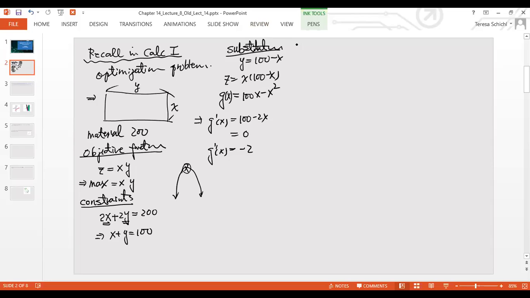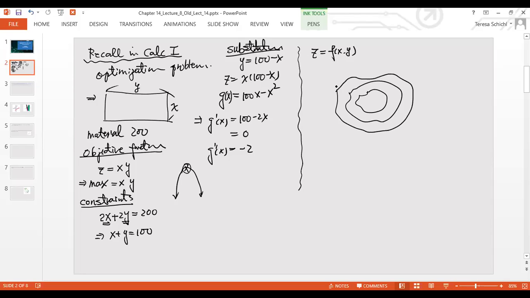So that is the Lagrange method. Intuitively, if you give me a function z equal to f of x, y, and you take a look at the surface, for this function maybe it will be something like this.